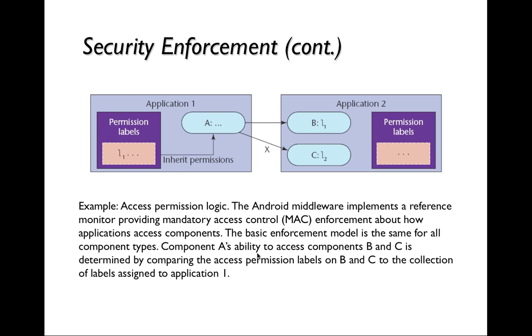So component A's ability to access components B and C is determined by comparing the access permissions on A and B to make sure that they're compatible. You can actually get components in different applications to communicate, but they have to be designed to work together, and you have to allow the permissions for the components to work together.